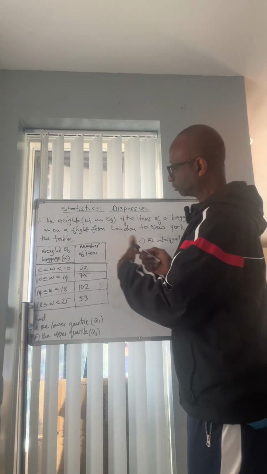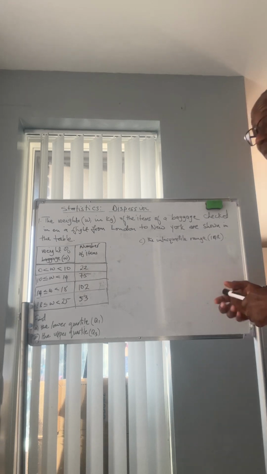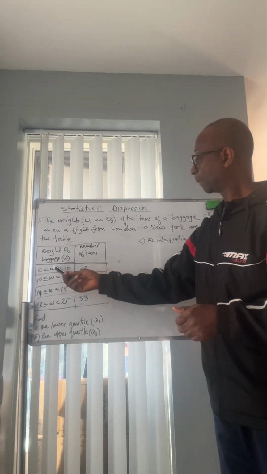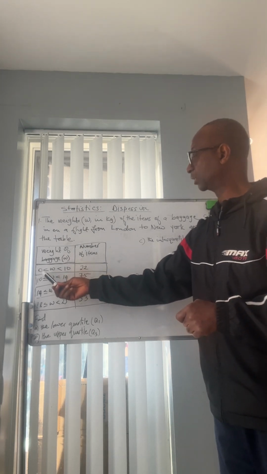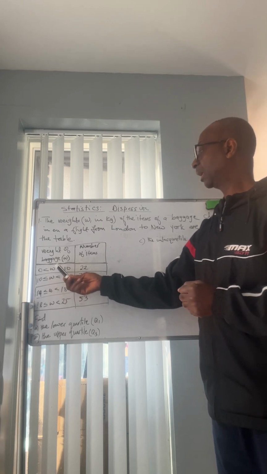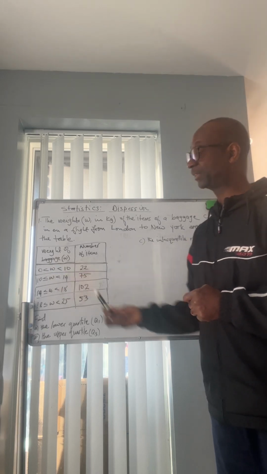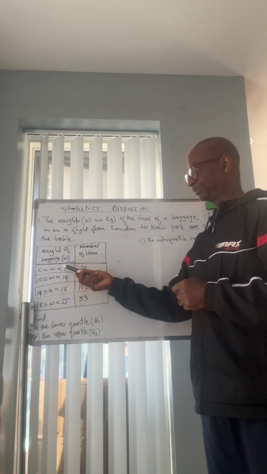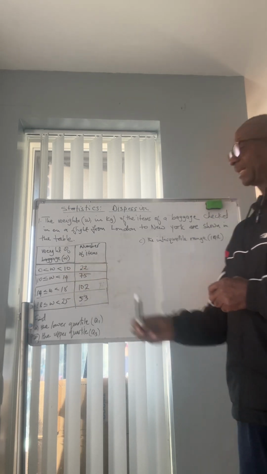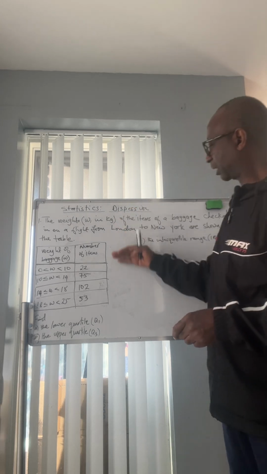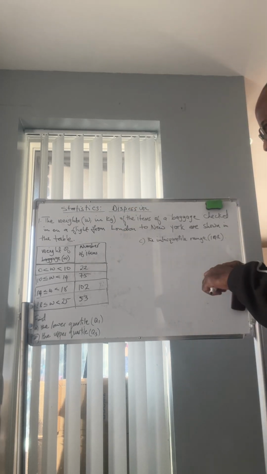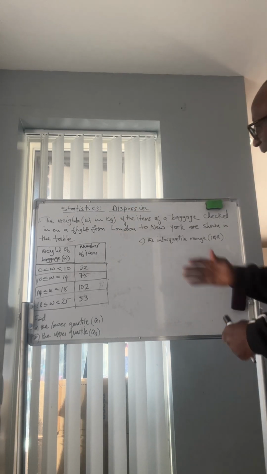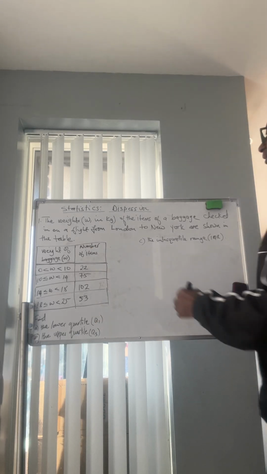That's what it means. In between here, there could be a baggage that is 5 kilogram, but it all falls under this range. So in that sense, we need a third column here called cumulative frequencies. That is summing up these frequencies.